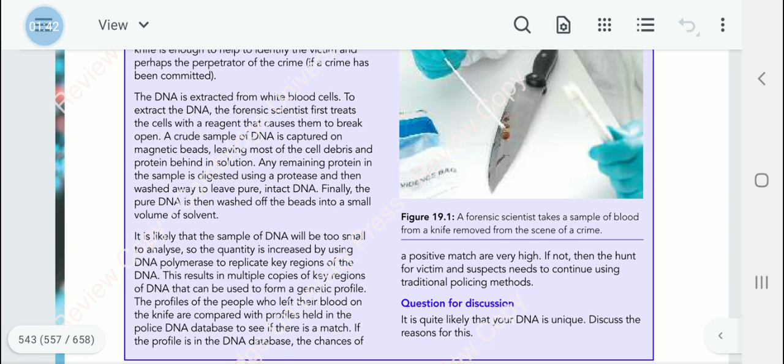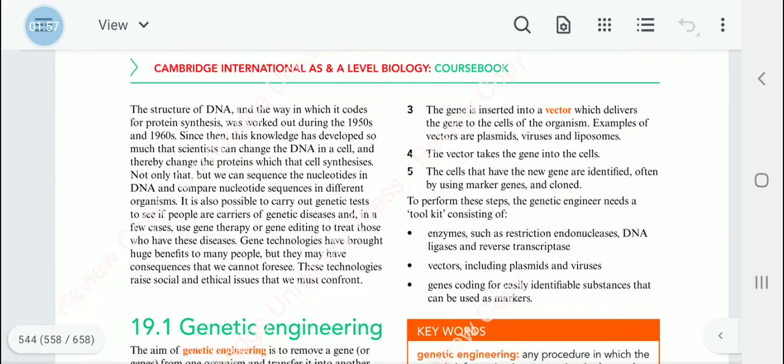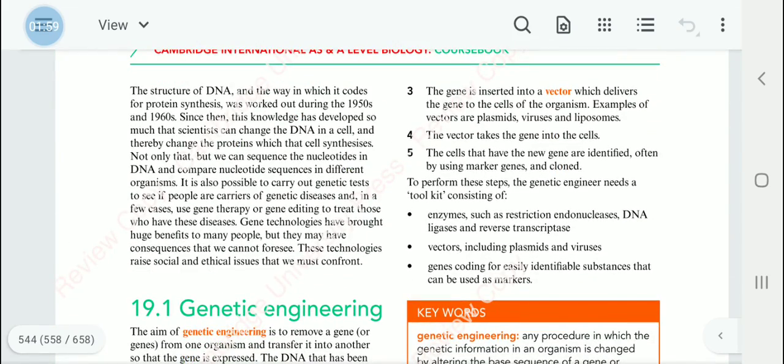Then we get multiple copies, and using this we can compare it with the genetic profile. Then this comparison will lead to some sort of identification. So that is actually a simple use of DNA and how it can be helpful for us.